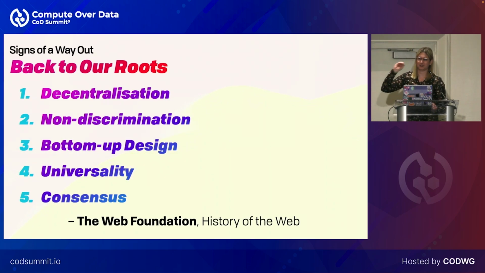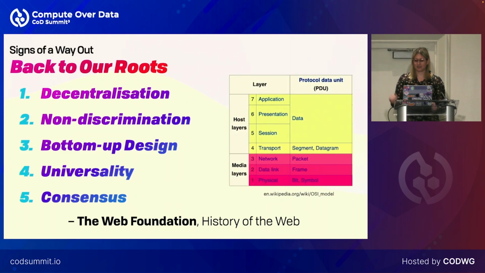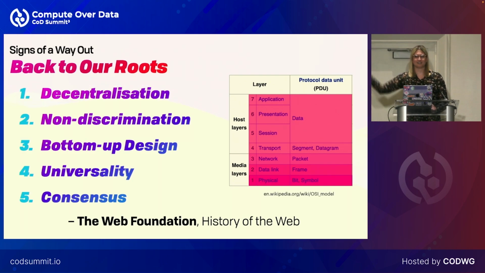Decentralization: the web or the internet was designed to be resistant to nuclear attack, right? So you actually want to spread things out. But you have a bunch of different entities, people, companies contributing hardware to the network that all work together. So we've actually done a really great job of decentralizing the media layers of the internet and of the web. And now we need to do the hard work of getting through the second half, basically.